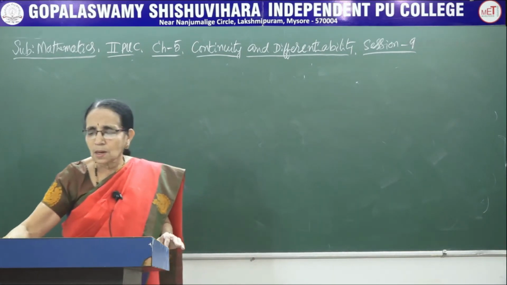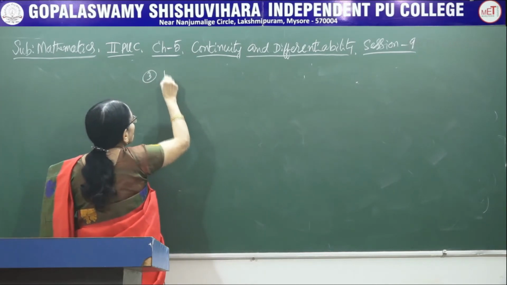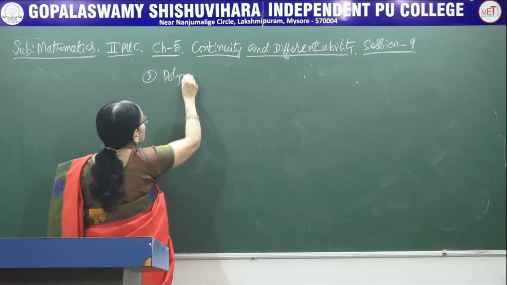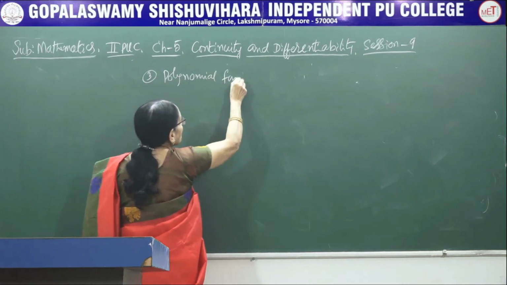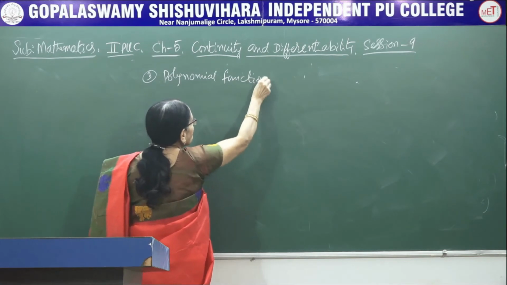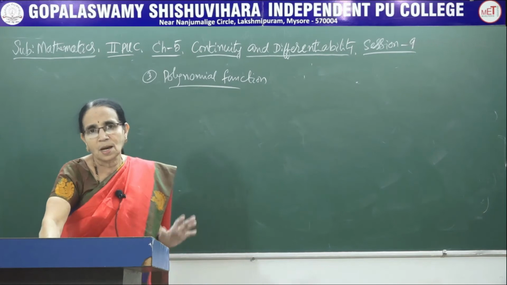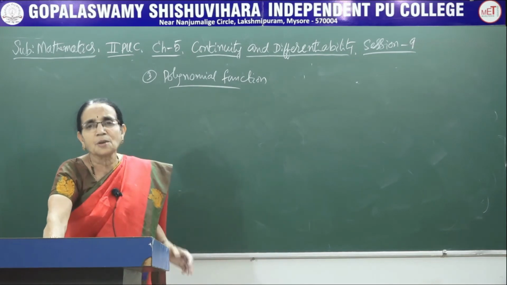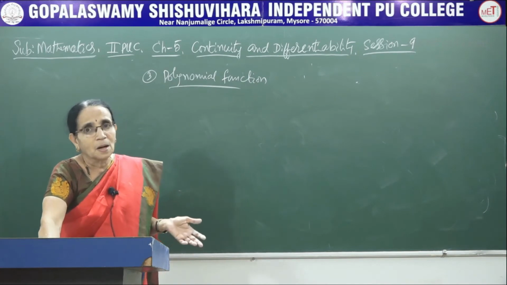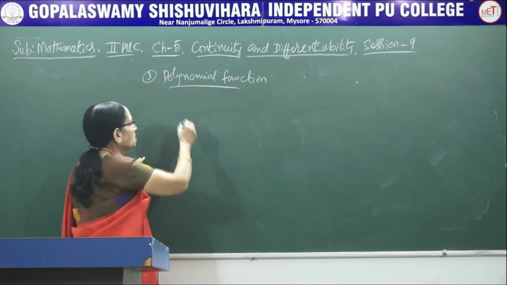Now, another function, again this you have studied, polynomial function. Of course, in first year PUC, we had drawn the graph of the constant function as well as the identity function. Polynomial function was defined in general, and therefore, we had not drawn any particular graph for that one.